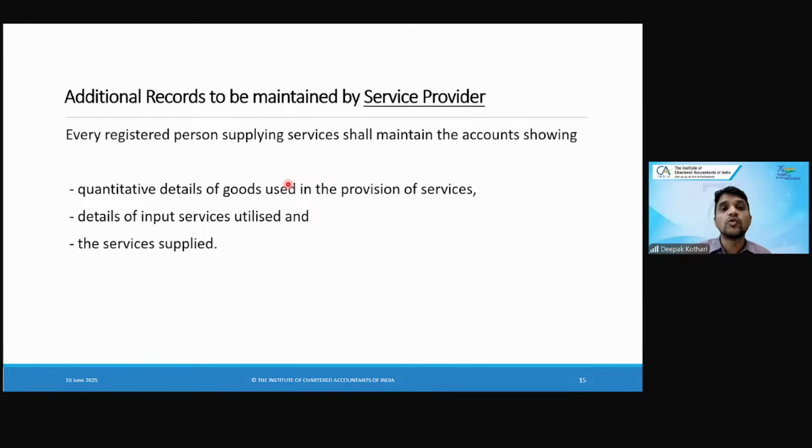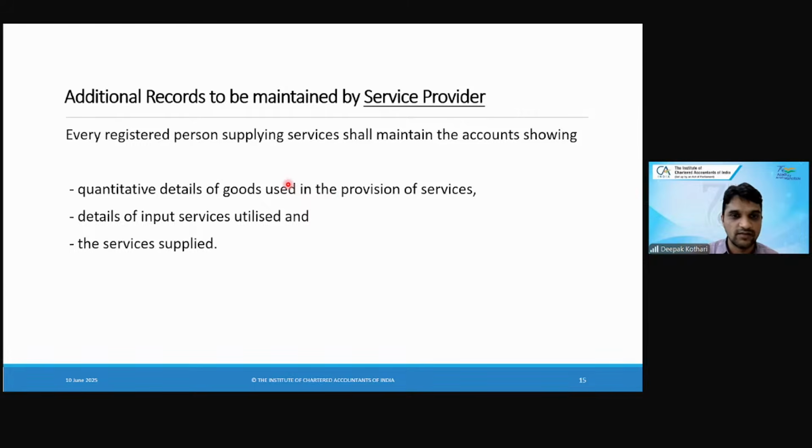You have to maintain those details, because later on when you dispose of them, say you buy a laptop, use it for your business and services, when you sell, GST is payable. That's why, to have control on such goods, you have to maintain quantitative details of goods used in the provision of services.